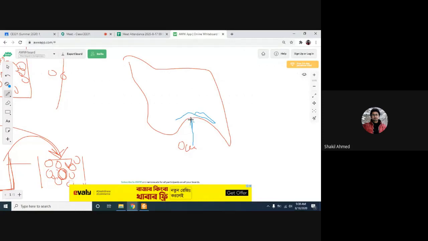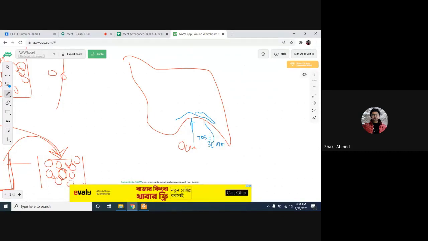Remember, ocean water has total dissolved solids salinity at a level of 35,000 milligram per liter, but here maybe 500, right? So it's a huge gap.